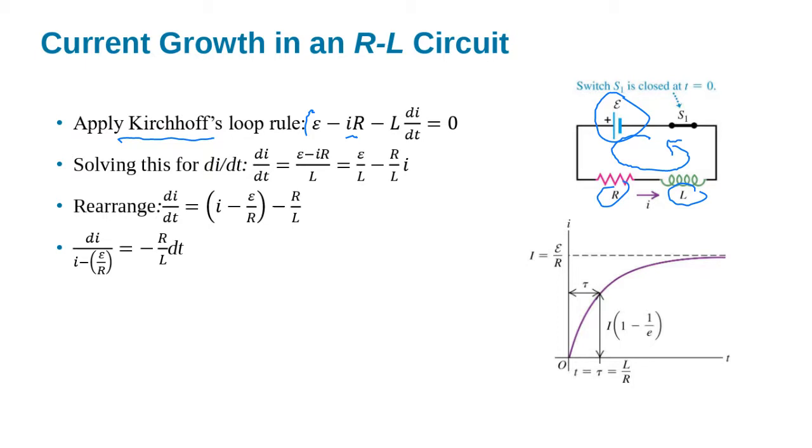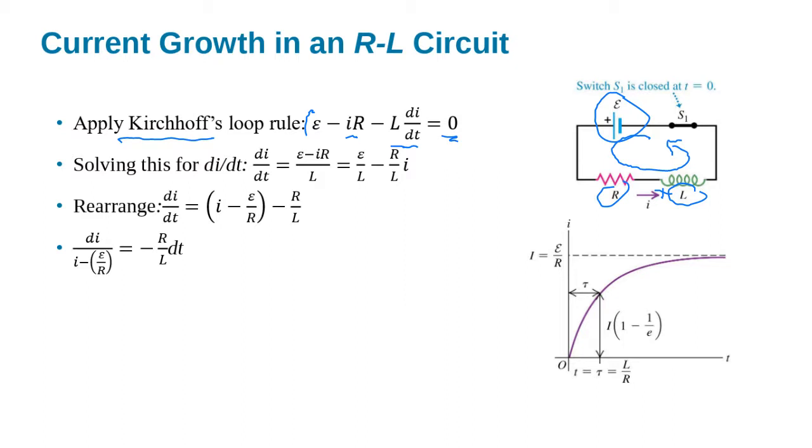And then for the inductor, it's going to have positive bias here as we're starting at time equals 0, and that will give a negative voltage, and the size of that voltage will be L di dt. Adding all of those voltages together equals 0.